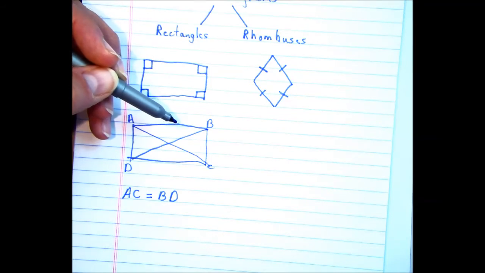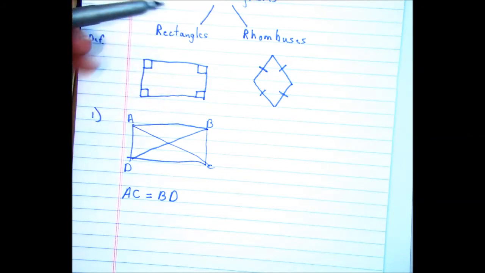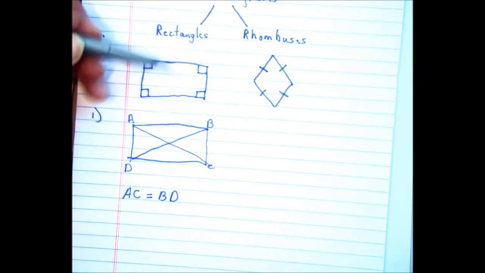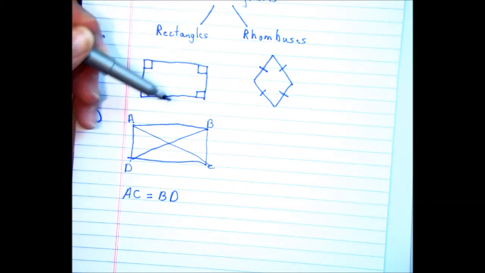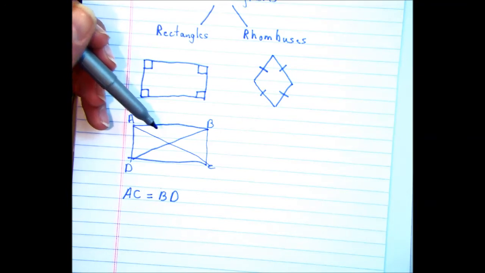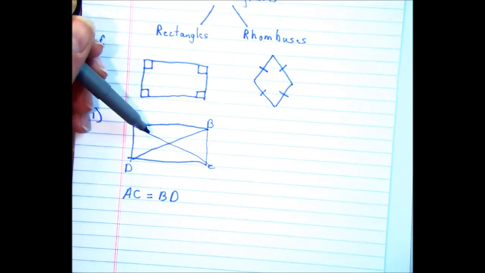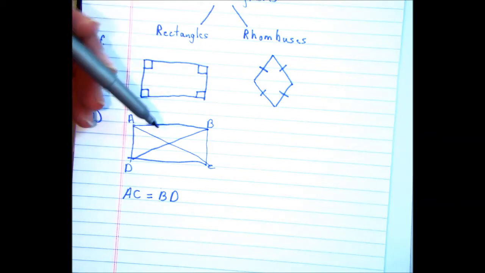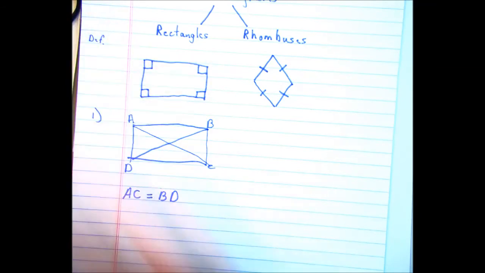One, that it's a parallelogram, and then two, they said the diagonals are congruent. If they give you something that gives you a little bit of information, you pick from that family. Now, if they just said the only thing about this shape is the diagonals are congruent, what shape is it? You're going to have to be careful because this could be something else. But if they say it's a parallelogram with the diagonals congruent, it narrows it down.